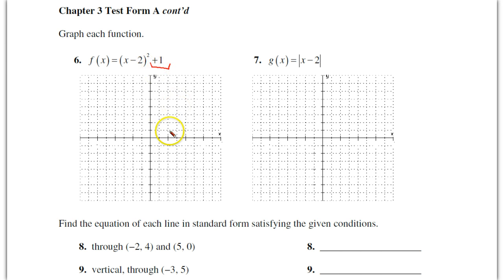So this whole graph is going to come down and go through a 1 here. And because of this inside the parenthesis, it's going to, opposite sign, have its base right there. And then it just looks like a nice parabola.